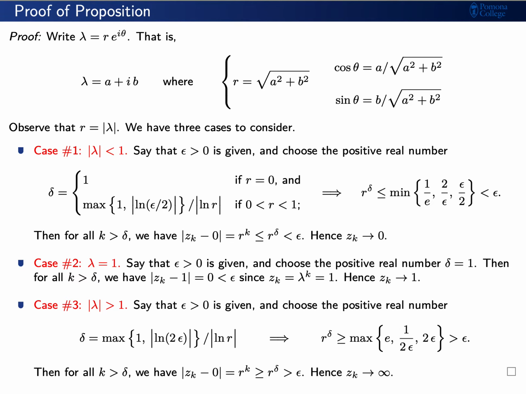Now let's take a look at the last case, when the absolute value of our complex number lambda is greater than 1. Again, given a positive real number epsilon, we can choose the positive delta in a clever way such that the absolute value of z sub k is greater than epsilon. In this case, from the way we set up our definitions, the z sub k's should increase without bound.